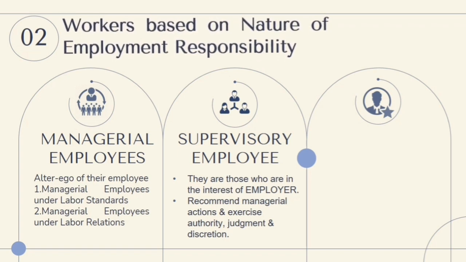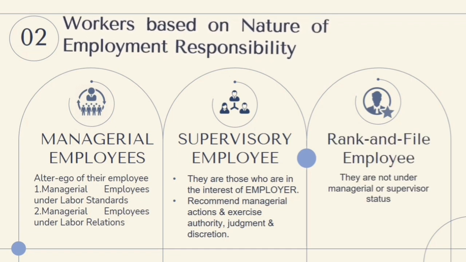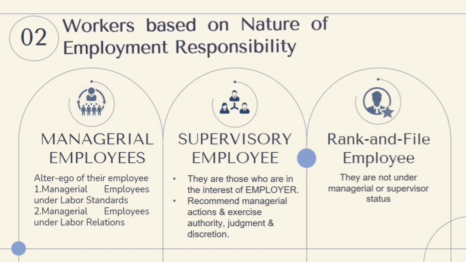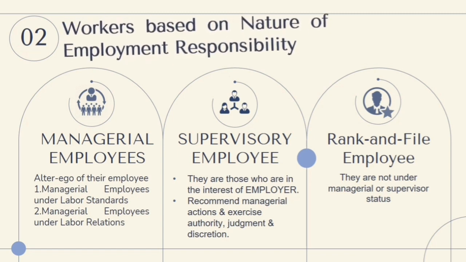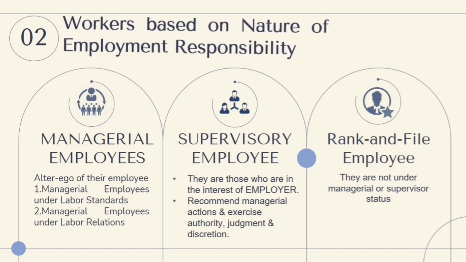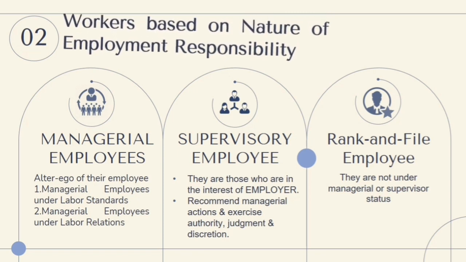the authority. Then class, we have the rank and file employees. So under the Labor Code, the rank and file employees refers to those employees who do not fall under the definition of managerial and supervisory employee.